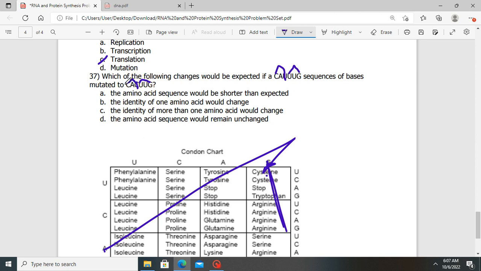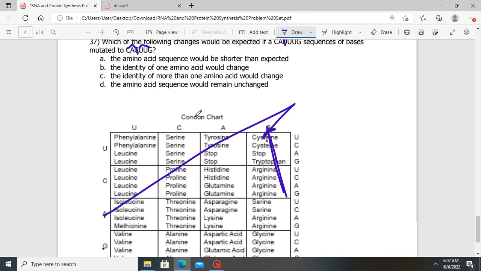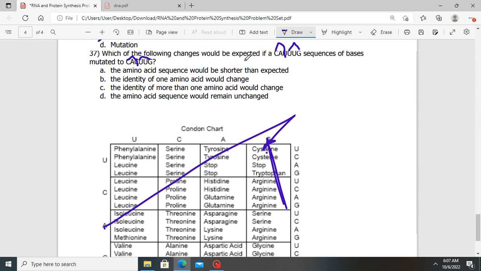But CAC and CAU are different. Let's check from the codon chart if CAC and CAU code for different amino acids. If they code for different amino acids, then the amino acid sequence will change for the B. If they code for the same amino acid, then the amino acid sequence will remain unchanged.